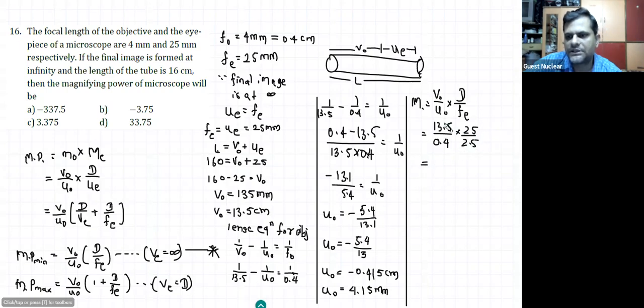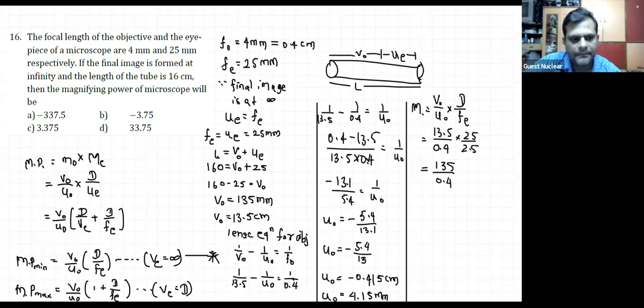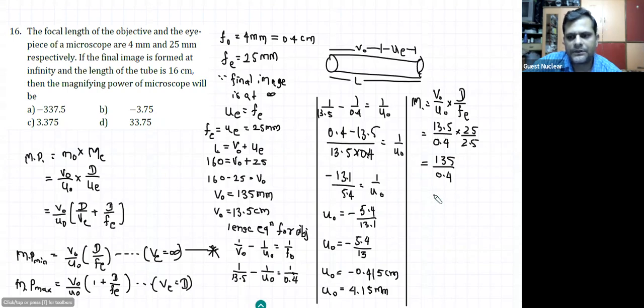So ये 10 से इसको अगर मल्टीप्लाई कर दिया तो क्या बनेगा 135, that is to be divided by 0.4, which can be solved by using the calculator. 135 divided by 0.4. Yes, 337.5 approximately.